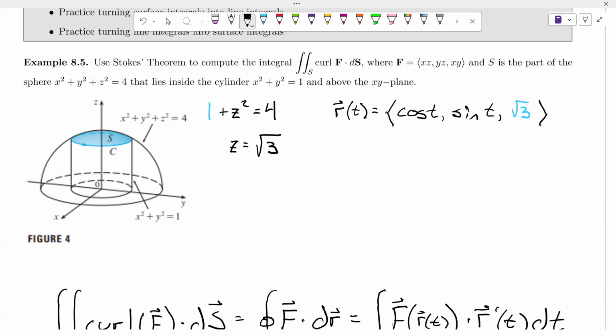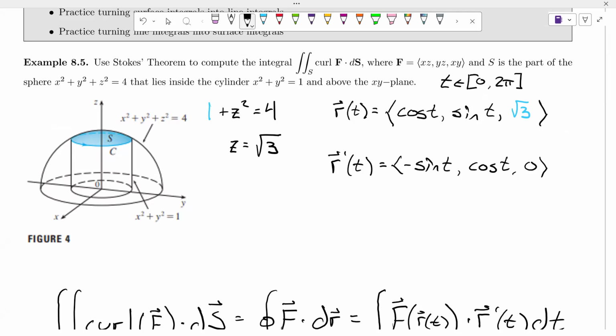Since our circle has a radius of 1, I don't need to worry about an extra radius term. Don't forget, though, anytime you make a parameterization, you should include bounds for your parameter. In this case, we just have 0 to 2 pi for t, because it's supposed to be a theta stand-in. So now I want r prime. r prime of t is going to be negative sine t, cosine t, 0.